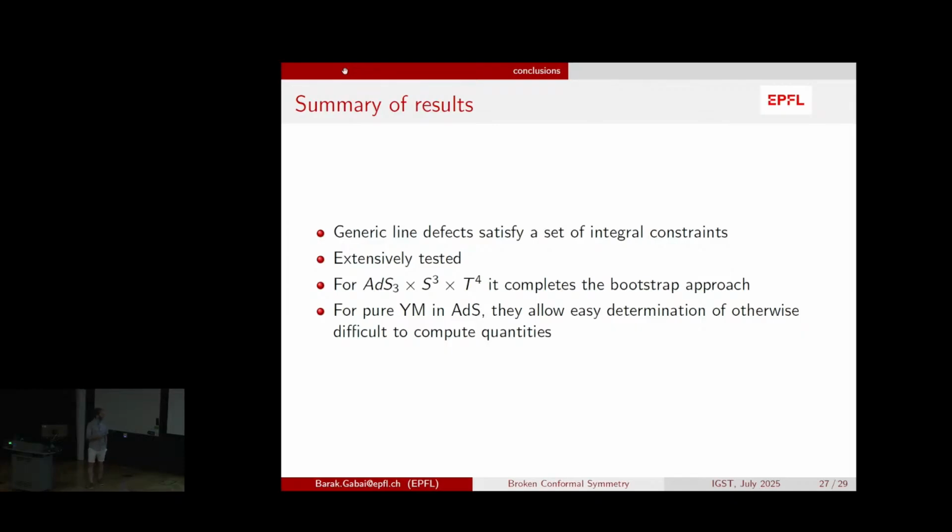For AdS3 times S3 times T4, we can use them to complete the bootstrap determination of the tree-level scattering and four-point function. And for pure Yang-Mills in AdS, this allows us to determine a host of stuff, a bunch of conformal data. We hope that even this will help us go to higher orders in perturbation theory eventually by combining this with the dispersion relation coming from the inversion formula.